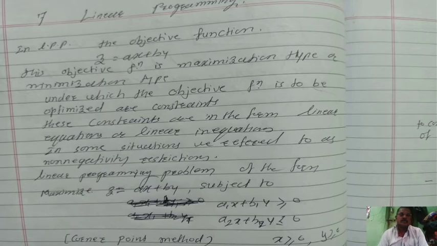Then first, in a linear programming problem, there is the objective function. In this linear programming problem, the objective function is z is equal to ax plus by.